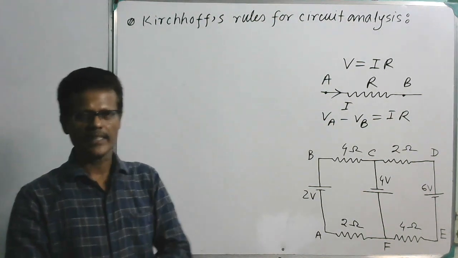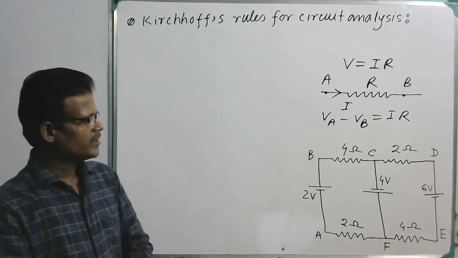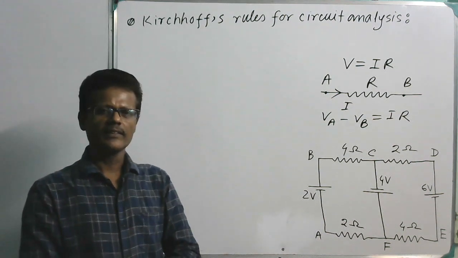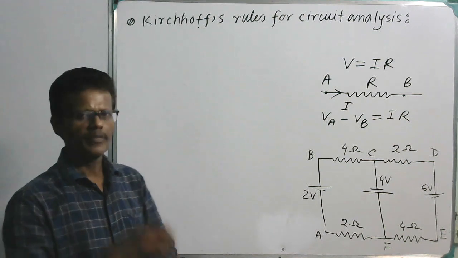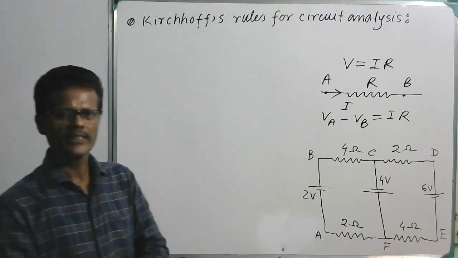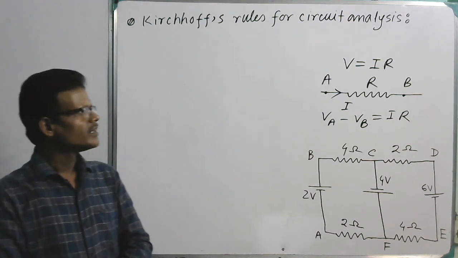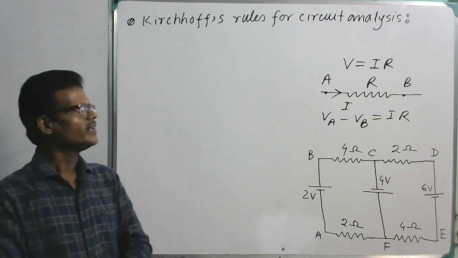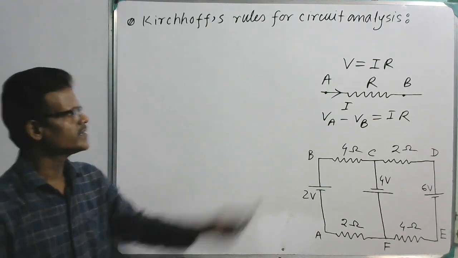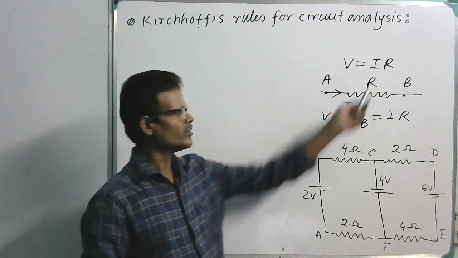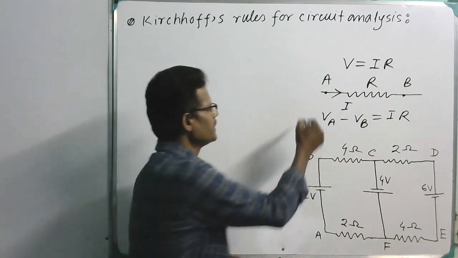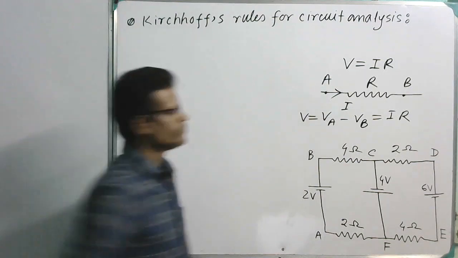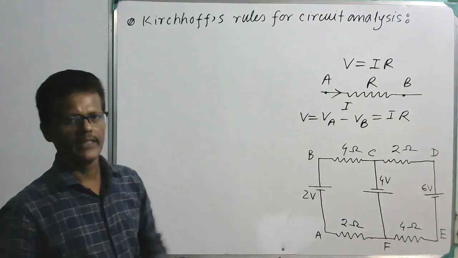A complicated circuit, but a simple circuit you can solve, finding out current and potential difference. That can be solved by Ohm's law only, that is V equals IR, or this potential difference V equals VA minus VB equals IR.